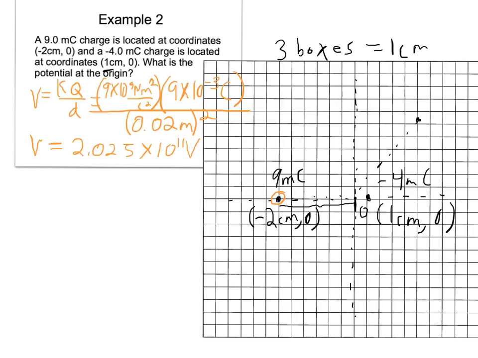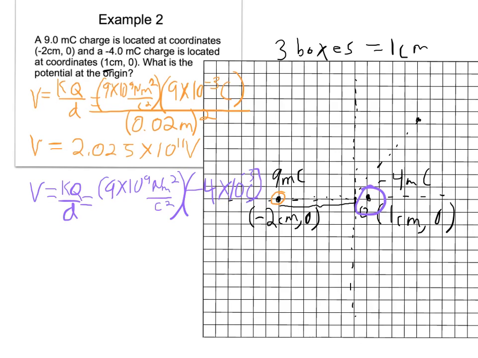And now let's call this other one the purple charge. So the voltage from the purple charge is KQ over the distance. That is 9 times 10 to the 9th newton meters squared per coulomb squared, and negative, remember, always include the positive or negative for voltage, negative 4 times 10 to the negative third coulombs, millicoulombs, at a distance of 1 centimeter, so from there to the origin.